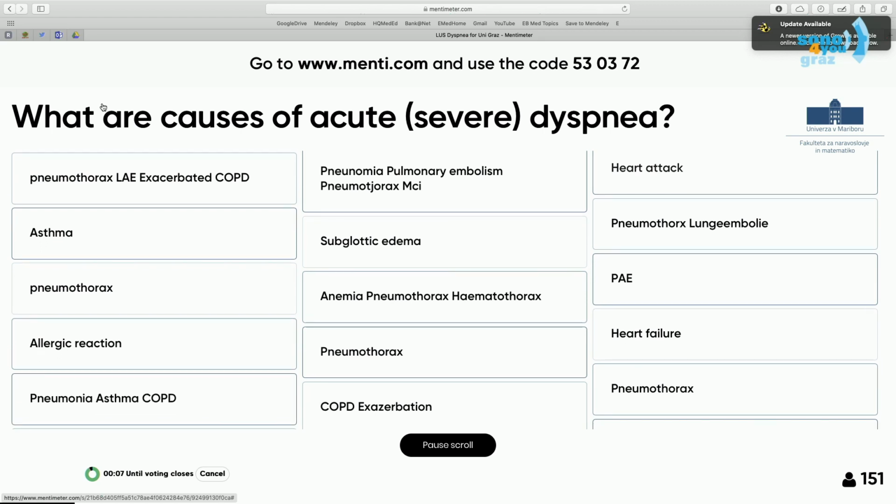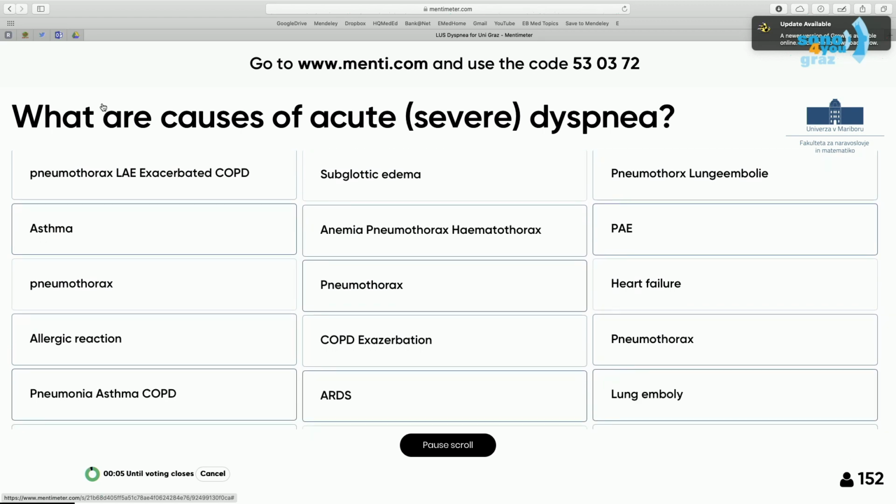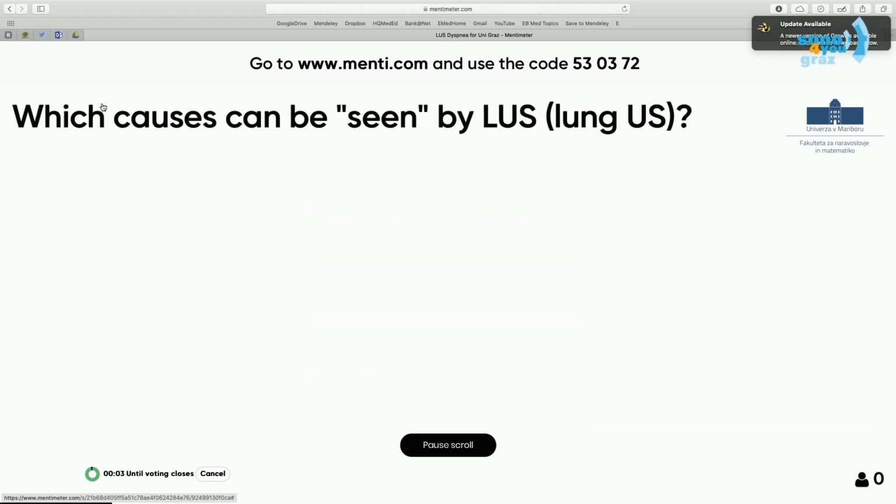Okay, next question. Now, of these causes, as I said, put 3, 4, 5, 6. Which do you think we can see, identify by lung ultrasound? So that were all possible causes, and you did it very well. Now, what do you think, which of these can be seen directly by ultrasound?